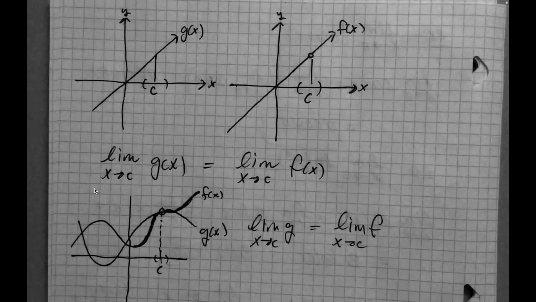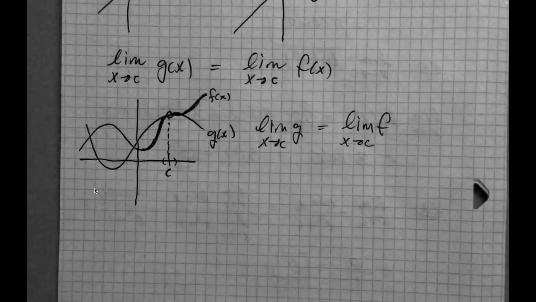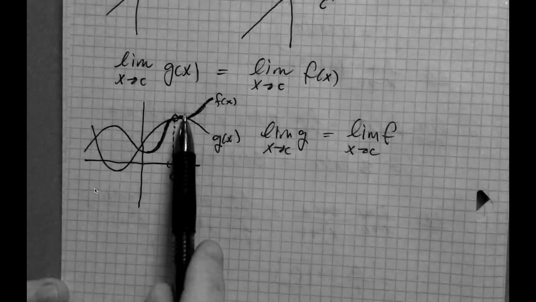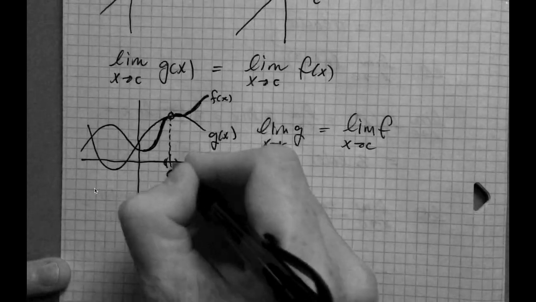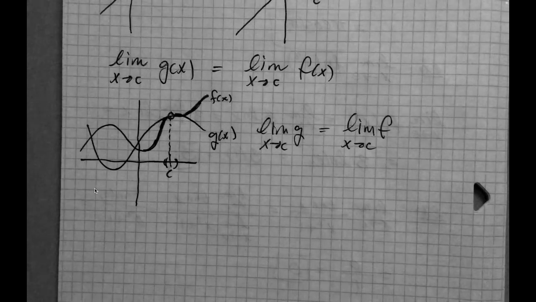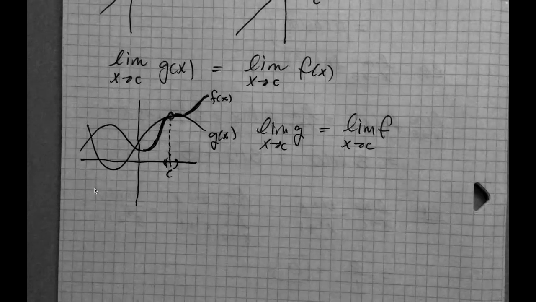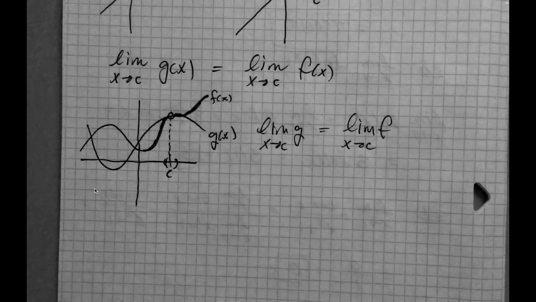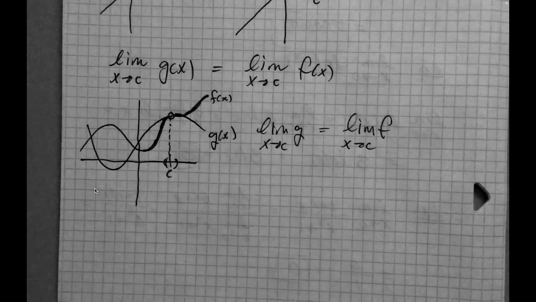It's obvious, really, that the limit must be the same value since the two functions are identical at every point except for c. But notice it works even for functions that aren't identical at every point, just so long as they're identical on some arbitrarily small open interval around the limit point c. It doesn't say the interval has to be a certain size or anything, it's just some open interval. And so it can be a powerful theorem.